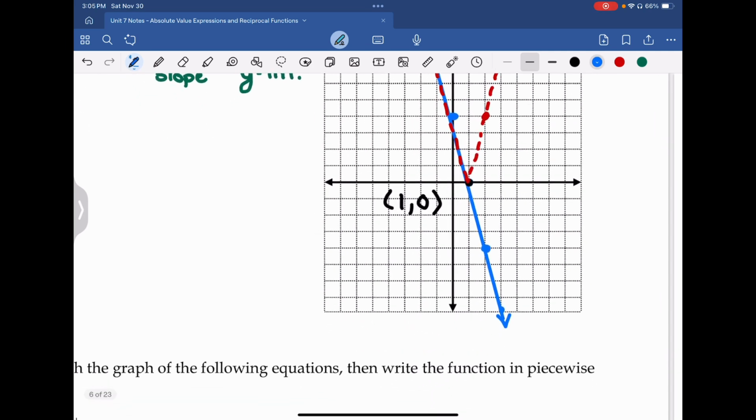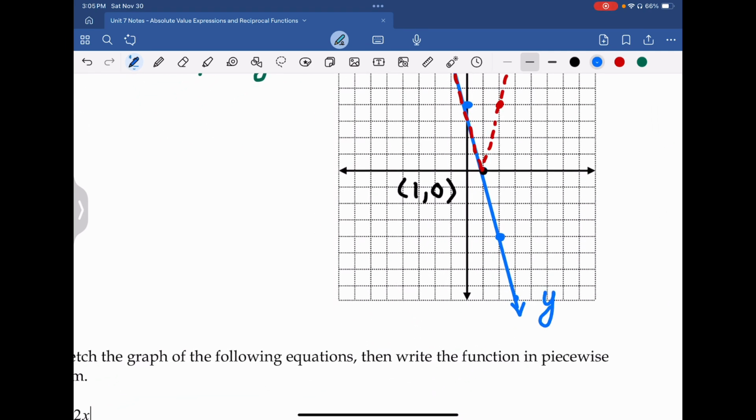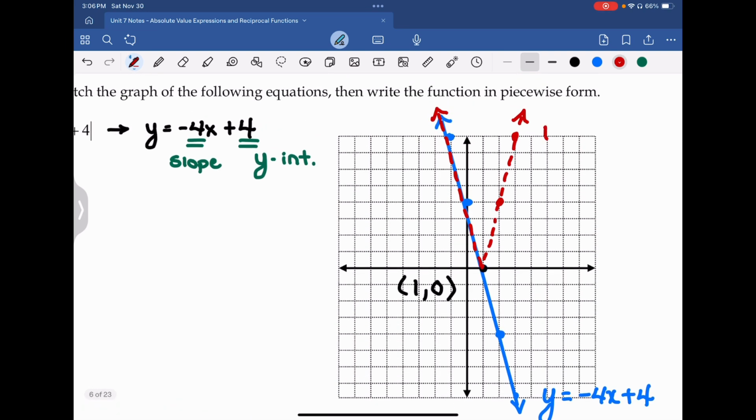Now, I want to make sure I label this, right? So I'm going to go down here and say this is where y is equal to negative 4x plus 4. For the red graph, this is the absolute value function of negative 4x plus 4. Absolute, done. There we go.